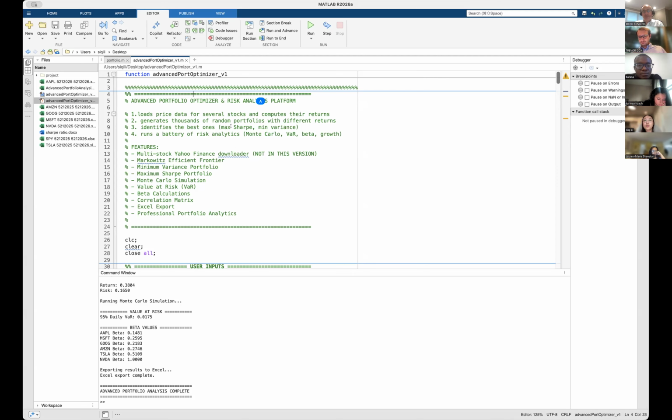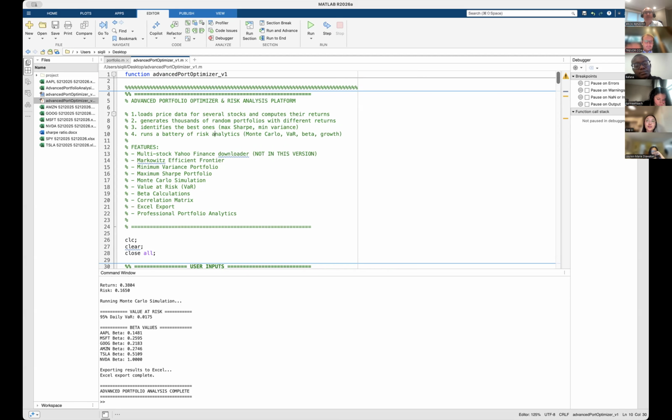But the portfolio identified by the Sharpe ratio maximization is suitable for investors who want the best return per unit of risk. I think this is why this function introduced two methods to identify the optimal portfolio. And finally, this function also runs some risk analysis, like value at risk and beta calculation, and also Monte Carlo simulation of the growth path.